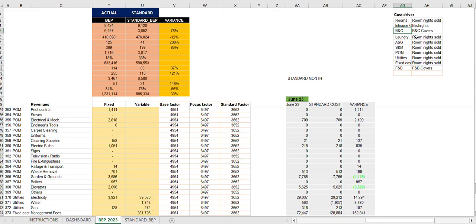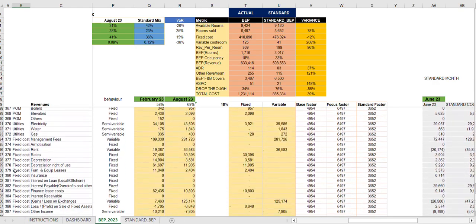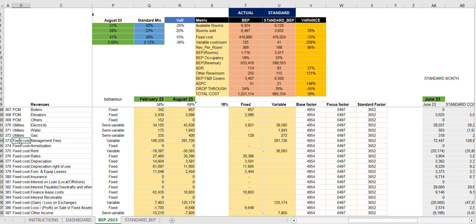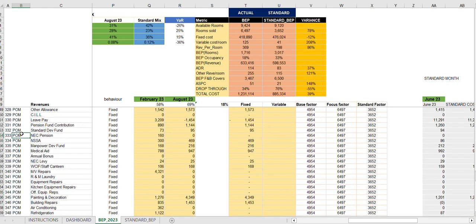If it is banqueting and conferencing, normally the conferencing covers are the drivers of the cost. And then you can define them. F&B is obviously F&B covers, they drive the cost. So you define these ones, and then here you state what department it is. Here, this is POMEC, this is maintenance.